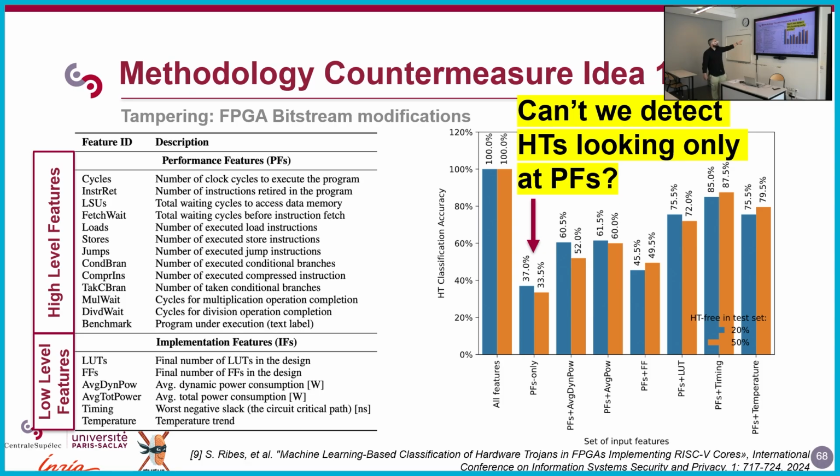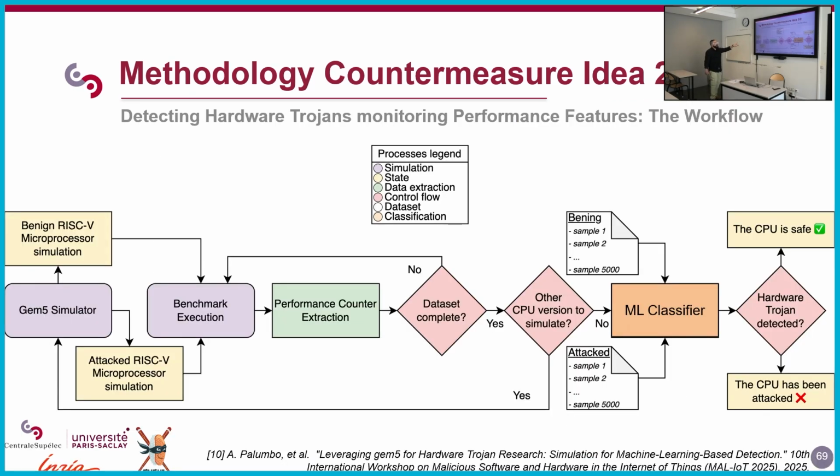Well, here not, but here yes, with Gen 5. Why? Because Gen 5 gives you access to several performance counters. If we look at the right performance counters, we can detect hardware Trojans in microprocessor-based systems. That's a purely software implementation.